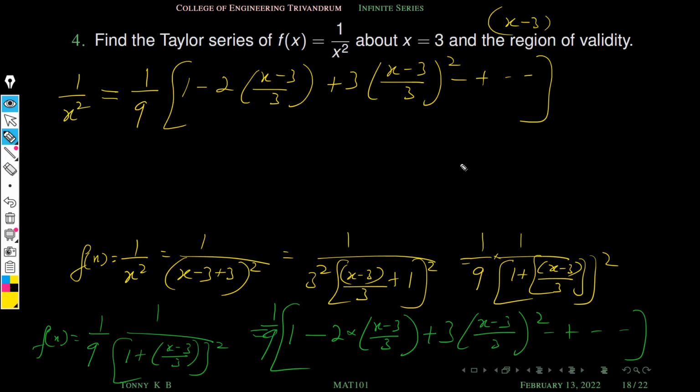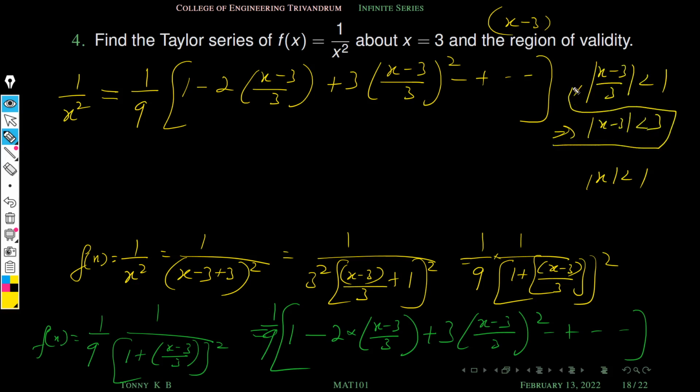We know that the region of validity of series expansion of the binomial series is mod x is less than 1. So here instead of x, this becomes x minus 3 by 3. So the region of validity is modulus of x minus 3 by 3 is less than 1. Clear? This is equivalent to modulus of x minus 3 less than 3.